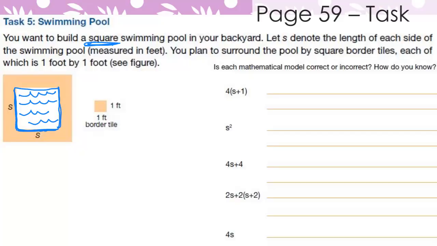You plan to surround the pool by square border tiles, each of which is 1 foot by 1 foot. So you're going to put these tiles all around the pool. Okay? So we need to find the area of the border of these tiles.